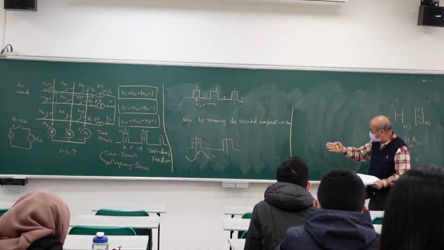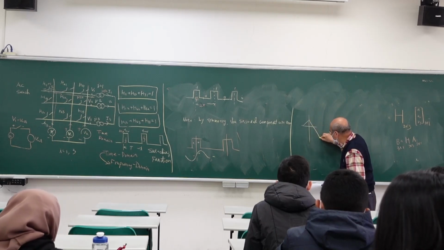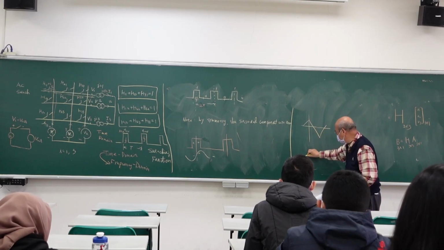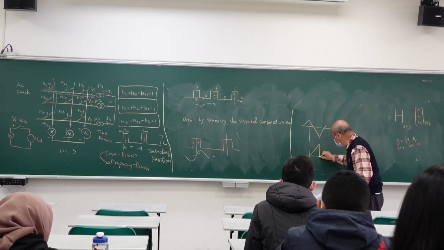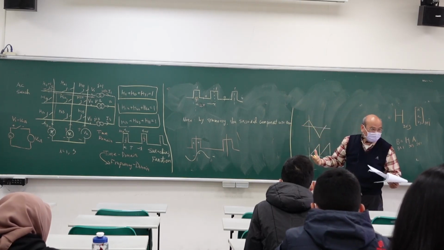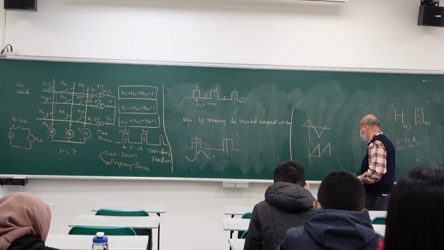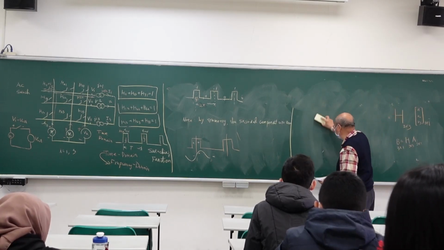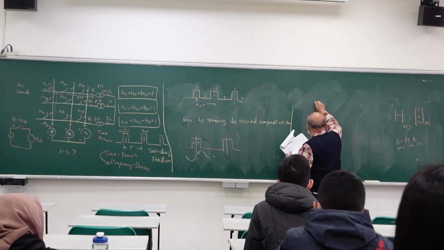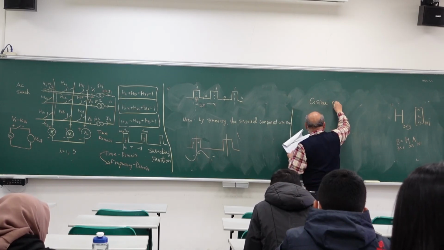If we use symmetrical, then the sine component is 0. If you use this as carrier, then the sine component is not 0. So we have to choose symmetrical and make sure the sine component is 0. So we only have cosine components.